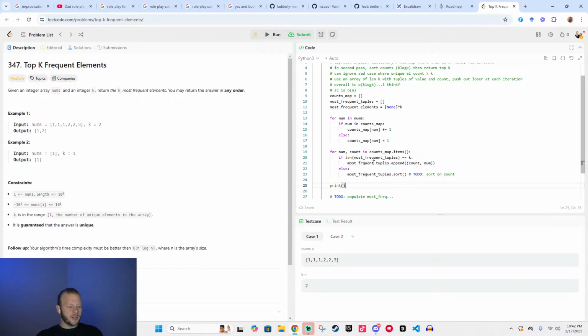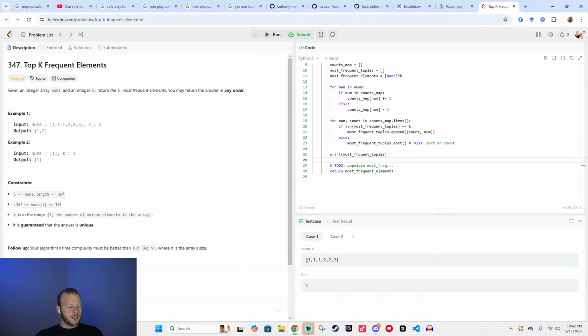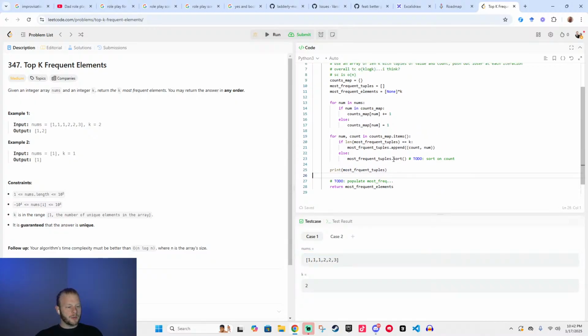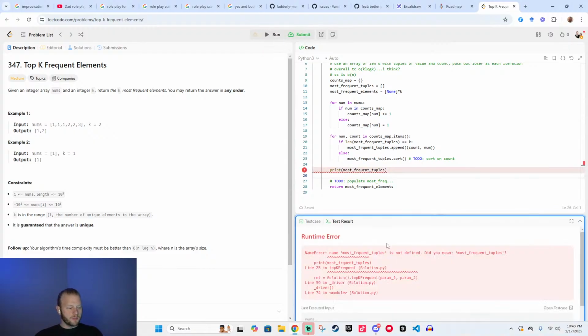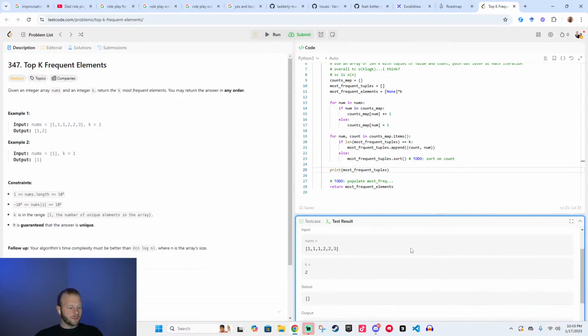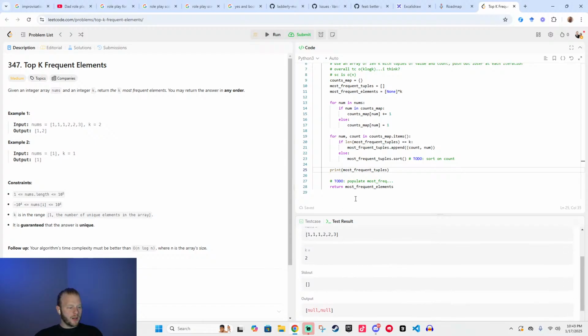And I can print to verify that. That won't be super helpful because this is already sorted. All right, let's try this anyway. So what am I expecting? Count. Yeah, 1, 2, 3. So the 3 should come first then. Oh, I spelled it wrong. Okay, so what did I print? Standard out was an empty list. Right, so if it's less than k, we'll add to it.